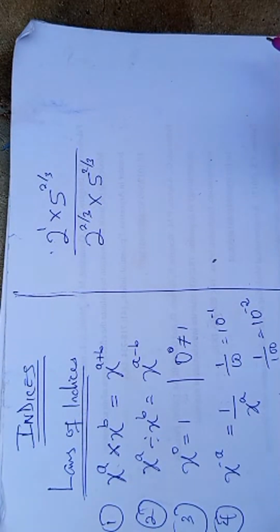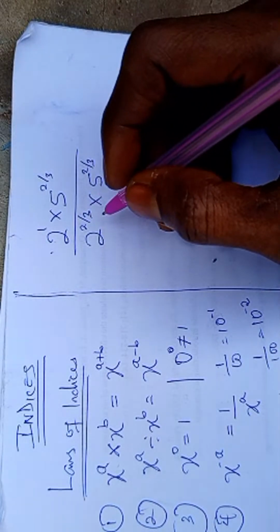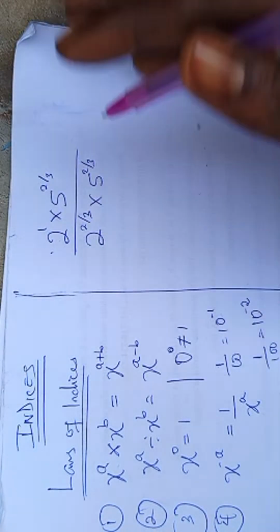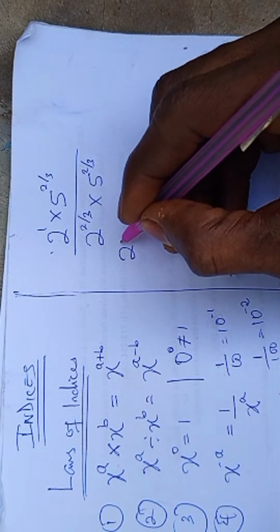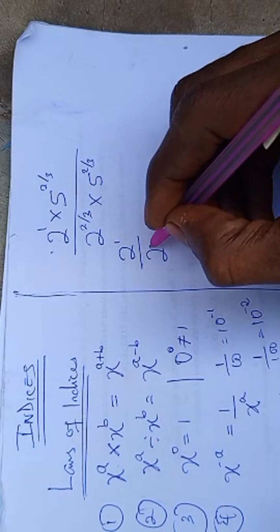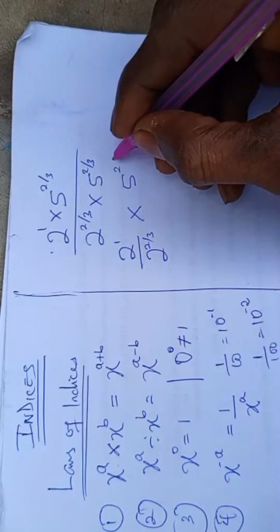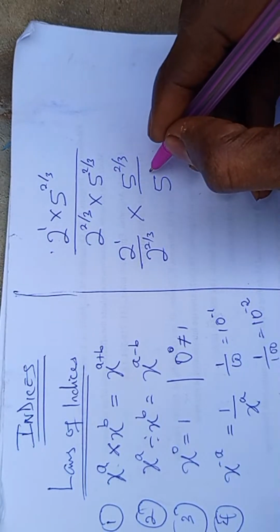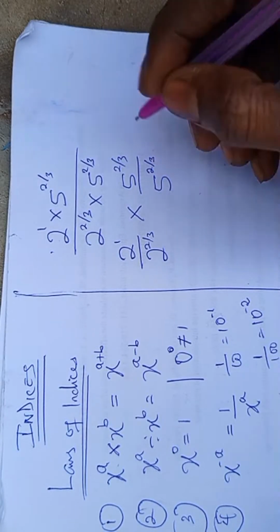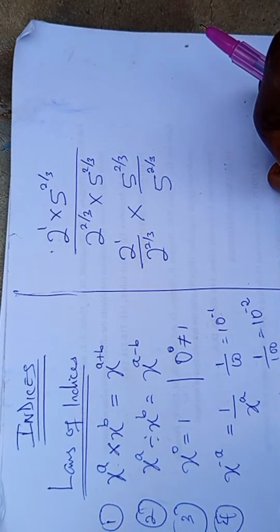Guys, are we following? Good. So from here now, by the law of indices, as we have all known, we can work them hand in hand. So I can divide this as 2 raised to the power of 1 divided by 2 to the power of 2 over 3, by 5 to the power of 2 divided by 3. Guys, are we making sense?